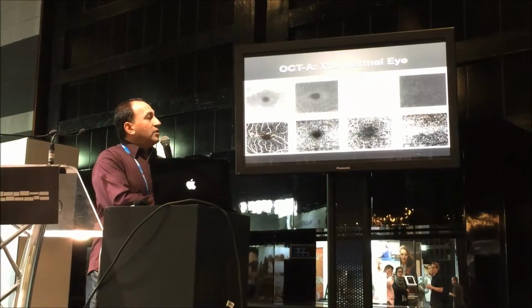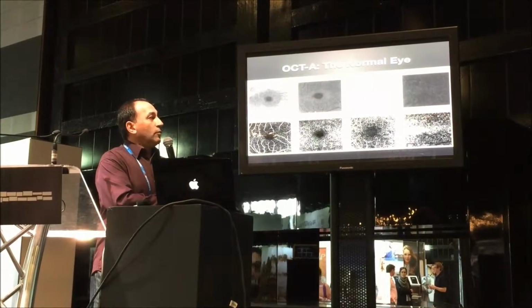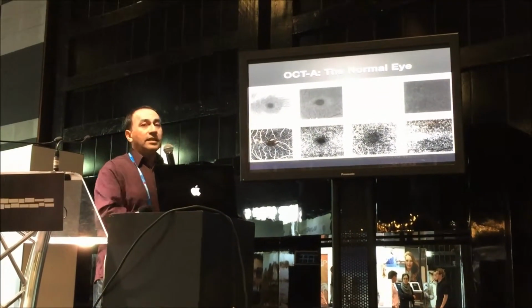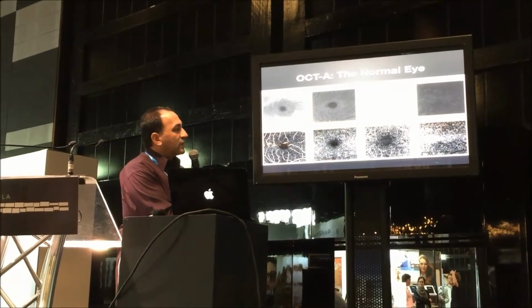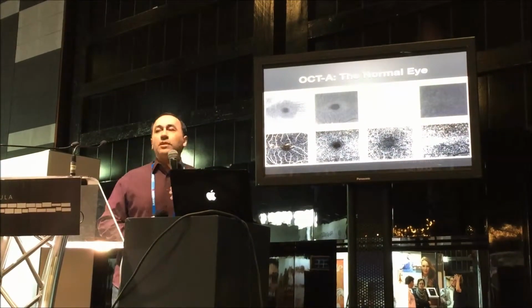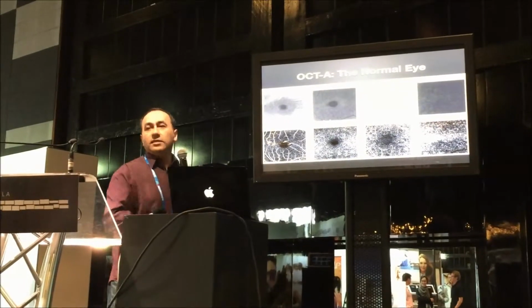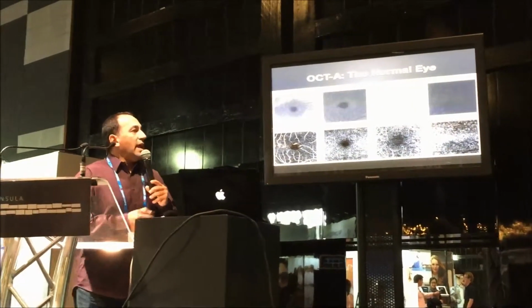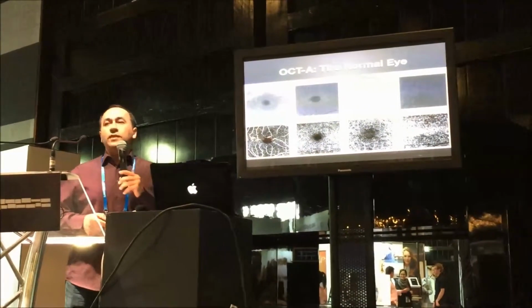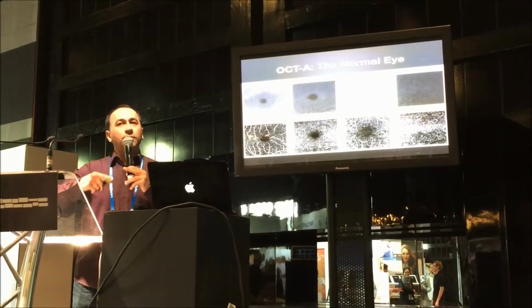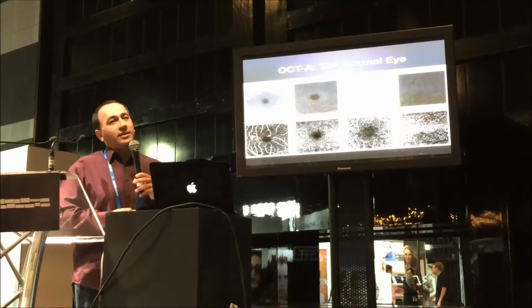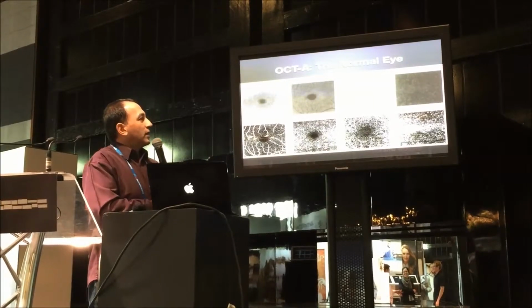That's down 92 microns away from the inner plexiform layer, down to exactly the RPE level, and that's from 4 microns below the RPE right down into the choroid. And in the software, you can go in and change those figures. So if you want to make the slice a bit thinner or a bit thicker, or take a different part of the retina, you can do that, which is very clever.